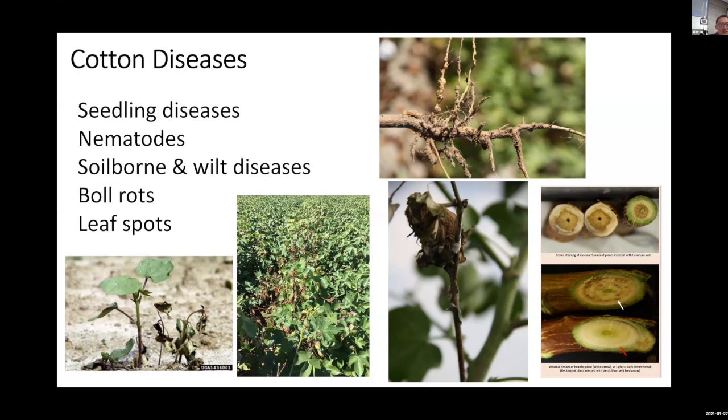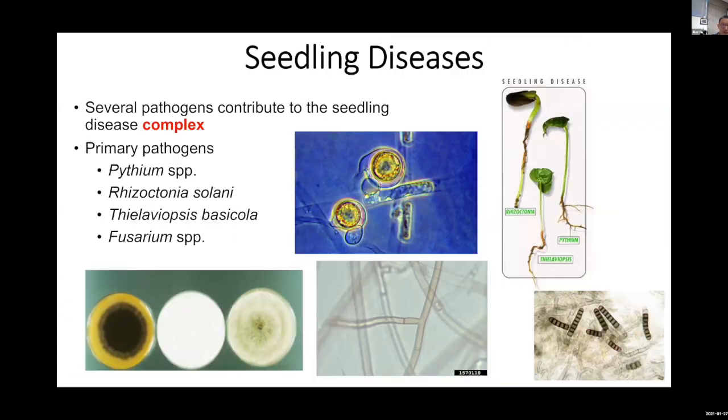We could have seedling diseases. We could have nematode issues, and here in the state, mostly root knot nematode. And the biggest category is soil-borne and wilt diseases. And you may have seen boll rot and some leaf spot diseases in your field.